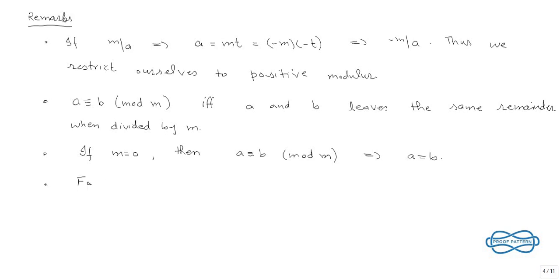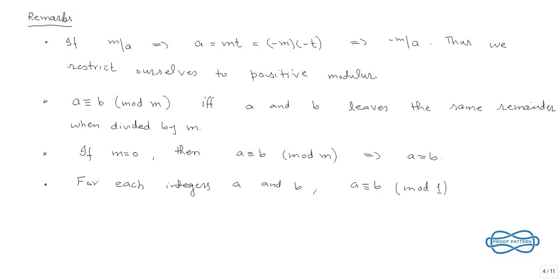For any integers A and B, A is congruent to B always, mod 1. This means any two integers are congruent to each other mod 1. Alright.